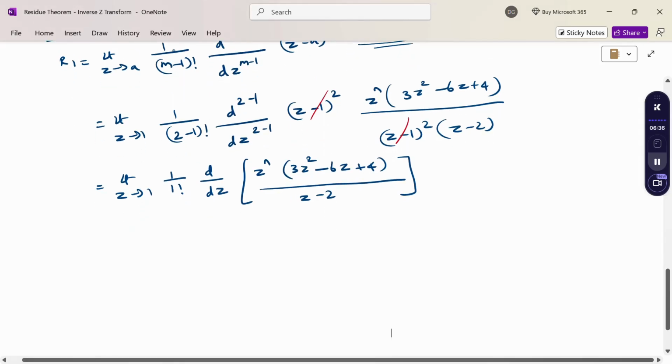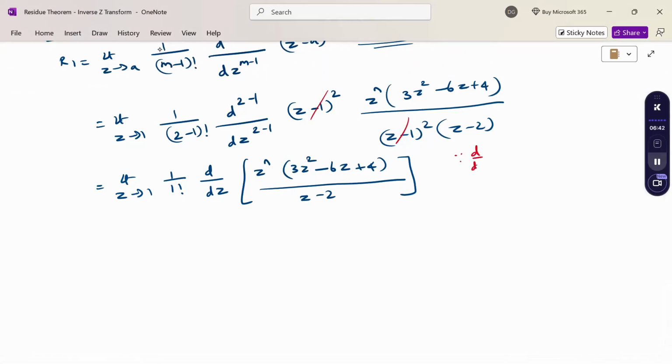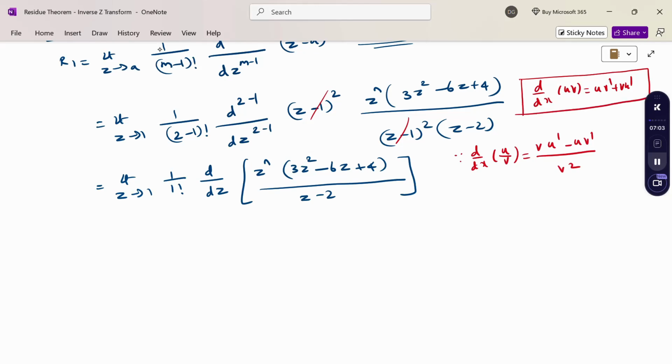Using the formula d/dx of u/v is (v u′ − u v′)/v², and another formula, d/dx of uv is u v′ + v u′. These two formulas should be applied to this derivative with respect to z.